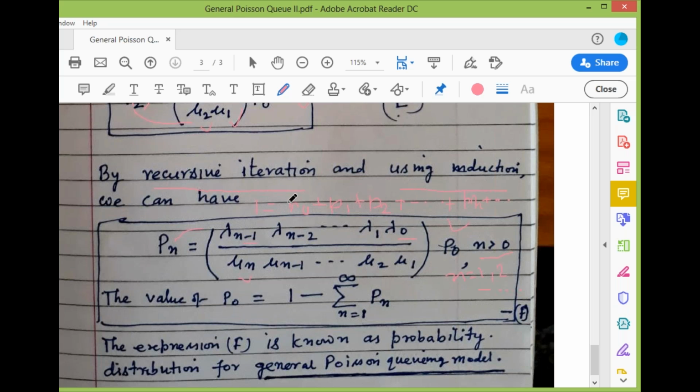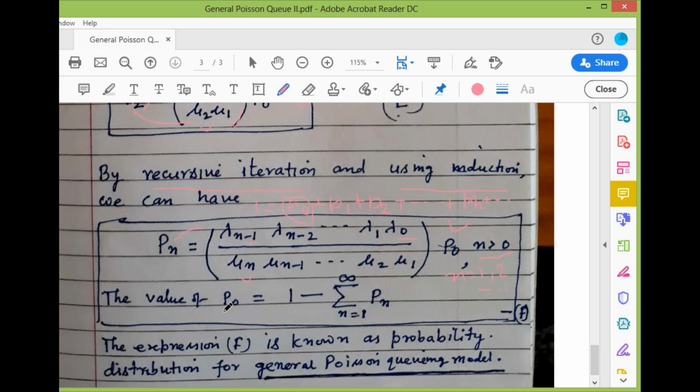So we want the value of P naught from here, and therefore P naught is 1 minus the sum over n from 1 to infinity of Pn. Computing P1, P2, P3 and so on, we can subtract from 1, and we will get the value of P0.